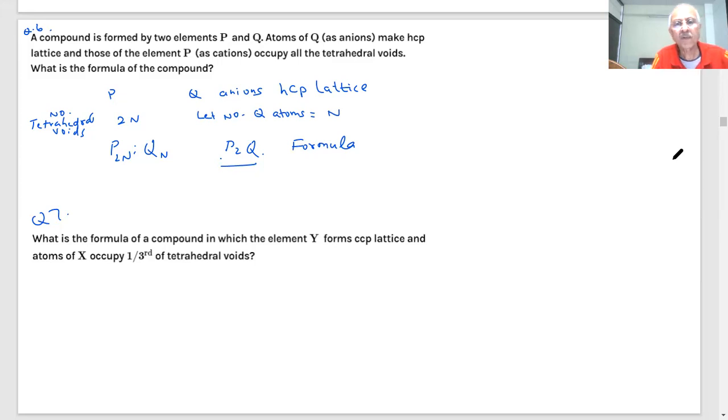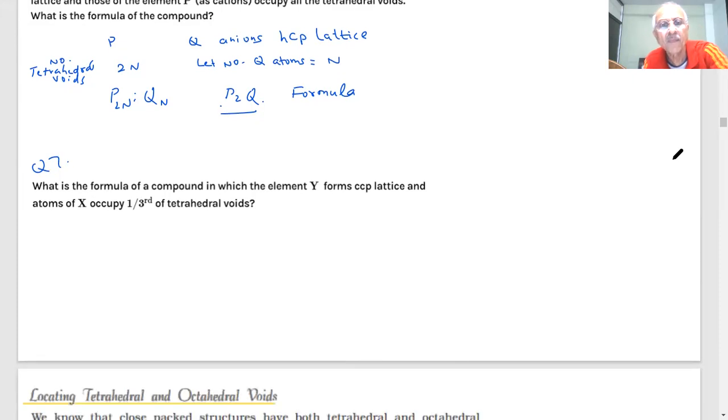What is the formula of a compound in which Y forms a CCP lattice and X occupies the tetrahedral voids?